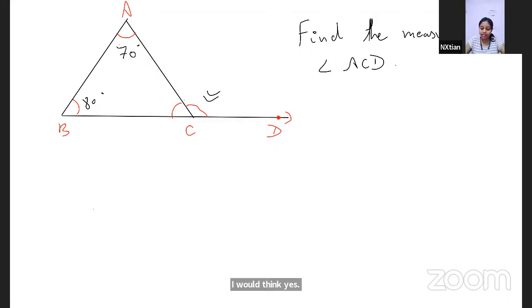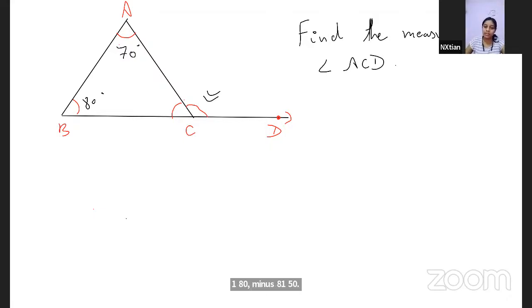Another method that we can do, both are correct. You first found the interior angle, then did the linear pair method. That is angle ACB plus ACD equals 180. When ACB is 30, ACD is 180 minus 30, 150.